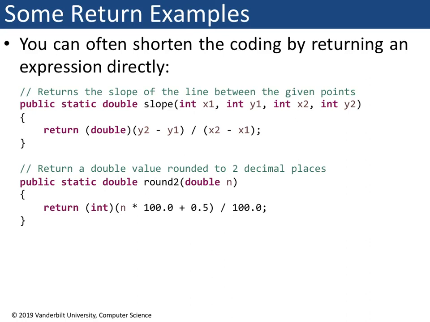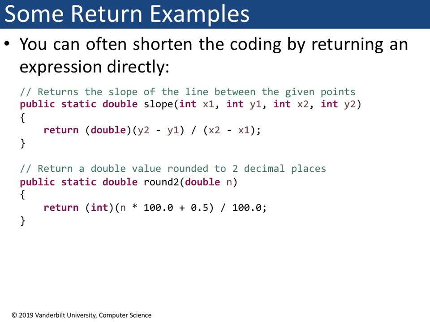So in this first one, we have y2 minus y1 in parentheses, as well as x2 minus x1 in parentheses. So whatever's in parentheses gets evaluated first. y2 minus y1 yields an integer. x2 minus x1 yields an integer. The next highest precedence operation in this expression is the typecast.